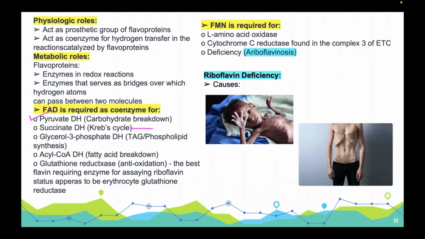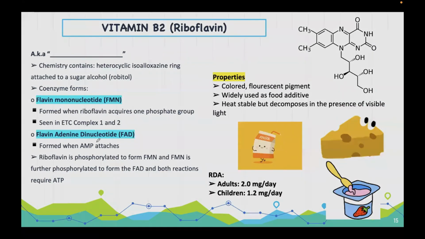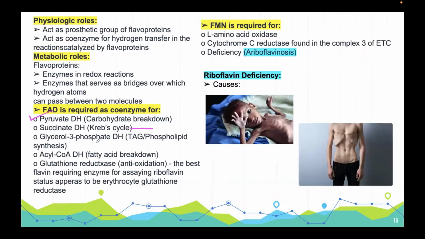So kung mapapansin nyo, okay, coenzyme siya sa different pathways involved. Maraming pathways involved, and then they serve as a coenzyme. Kung babalikan natin si FMN natin or your flavin mononucleotide, it is required for your L-amino acid oxidase. Okay? Kasi nga po, mahalaga po siya sa ating mga carbohydrates, sa ating fats, and protein metabolism.